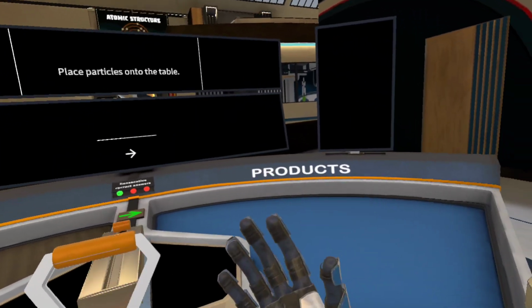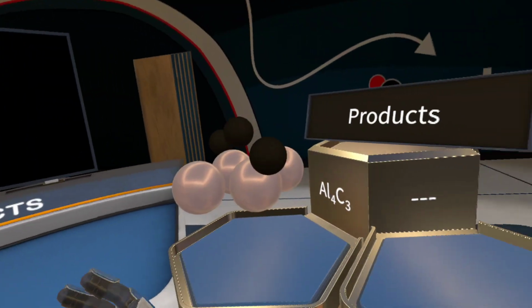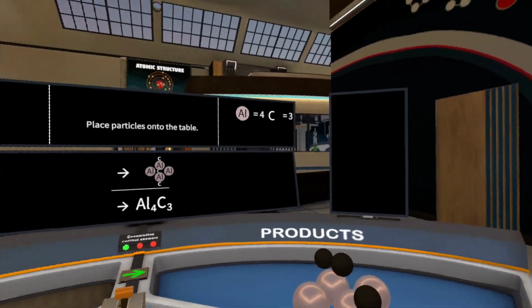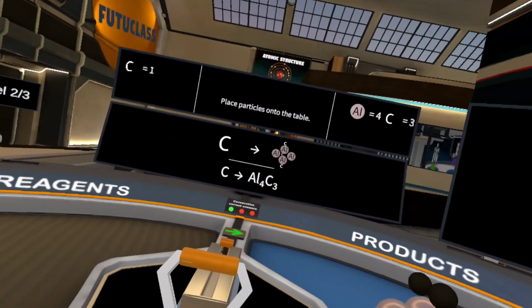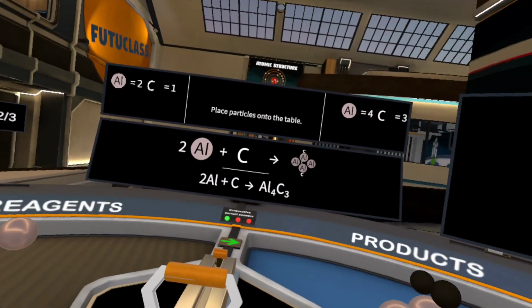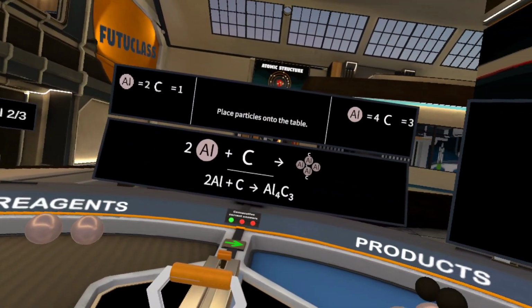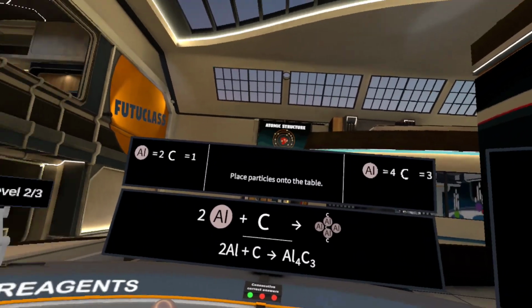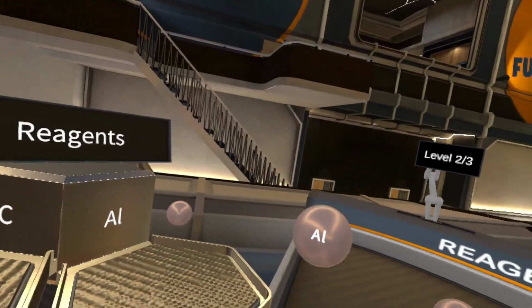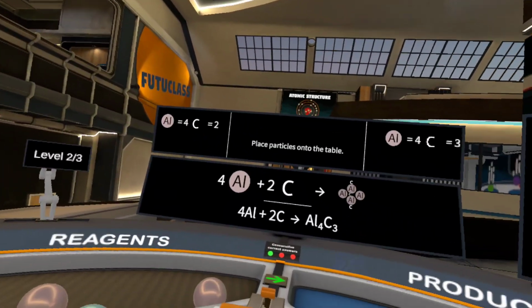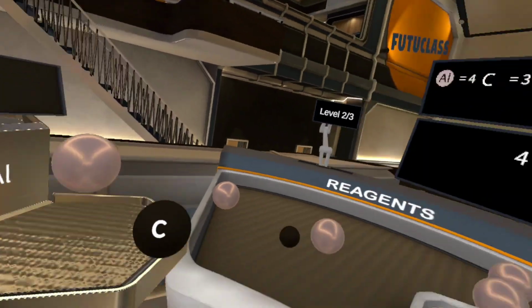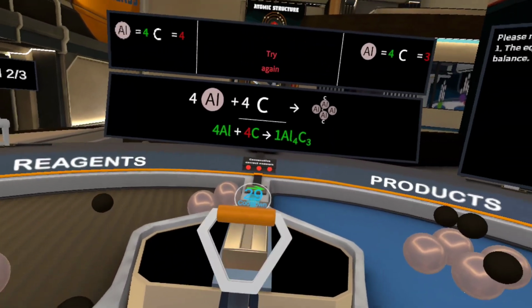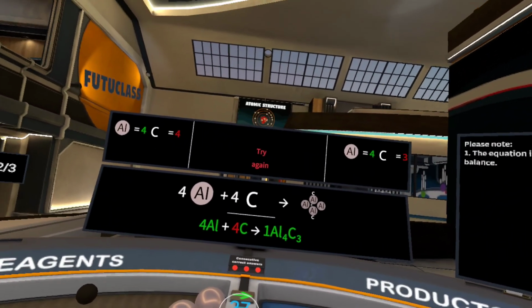Correct! The equation is out of balance.